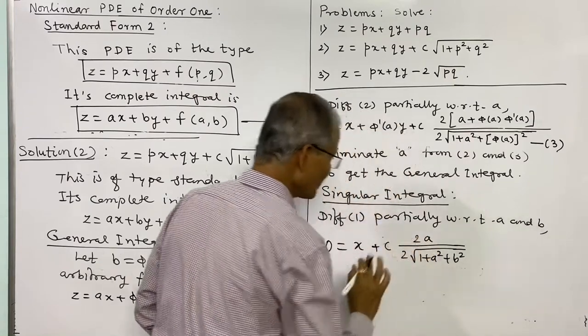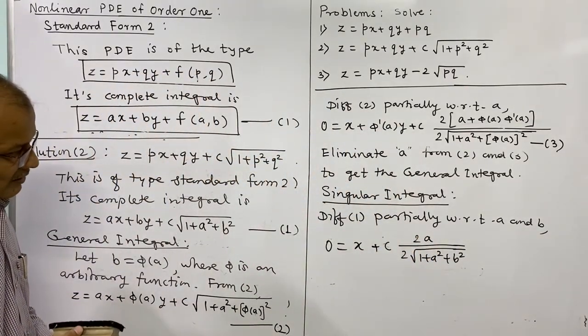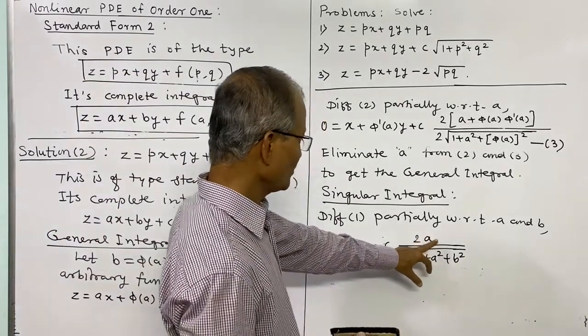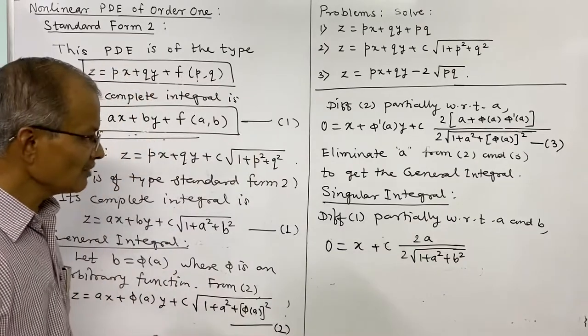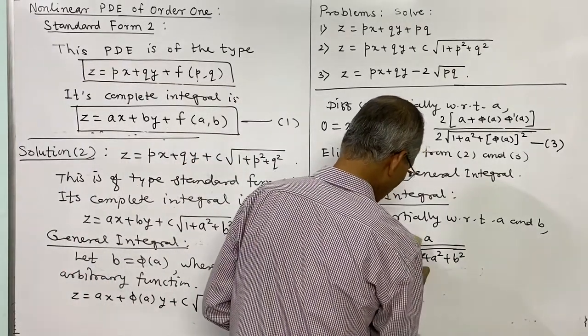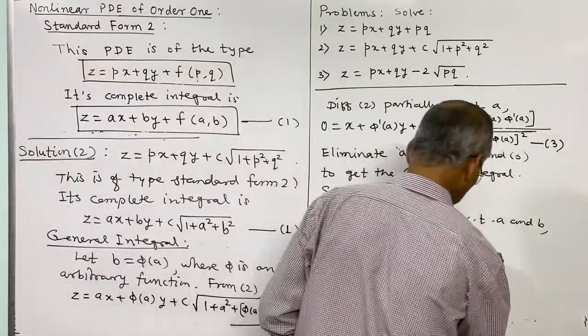So these two can be cancelled out, and we get this as x plus c into a divided by this root. You can verify this. And then suppose this is 4.